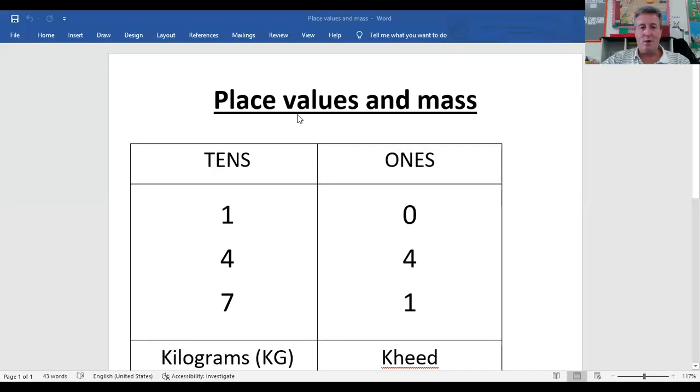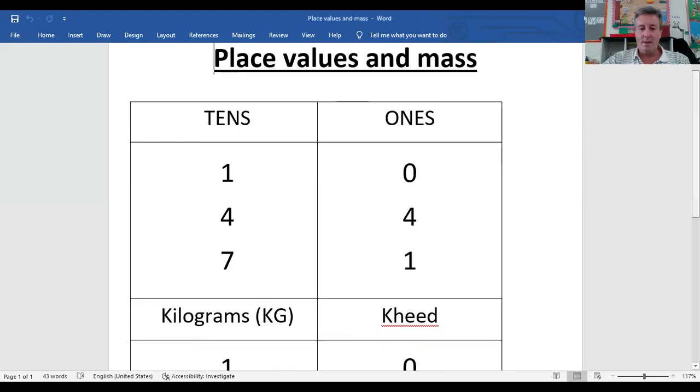So before we do page 77, let's take one more look at our place values and how they work out with maths. So our normal place values, we know we have our tens and our ones, don't we?